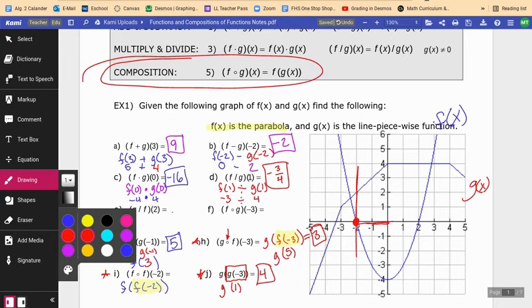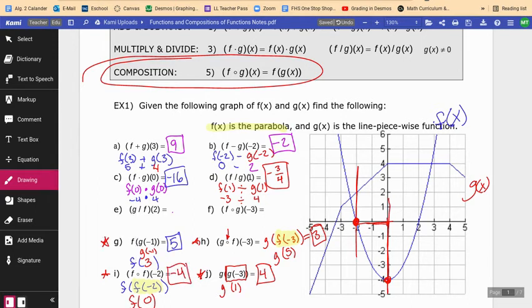Value of 0. So then I need to do f of 0 next. So then there's 0 intersects f at negative 4. So this answer is negative 4. Okay, and so that's how you do it when you're given some graphs.